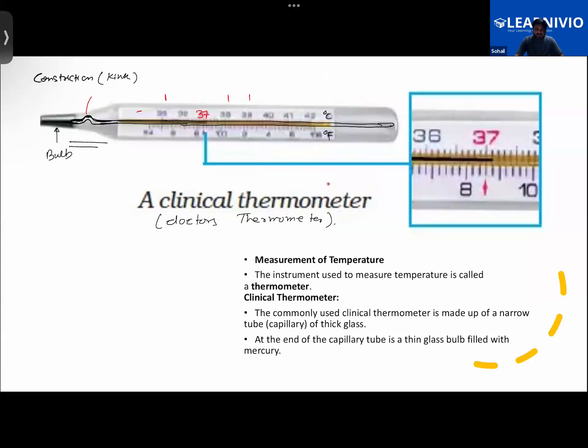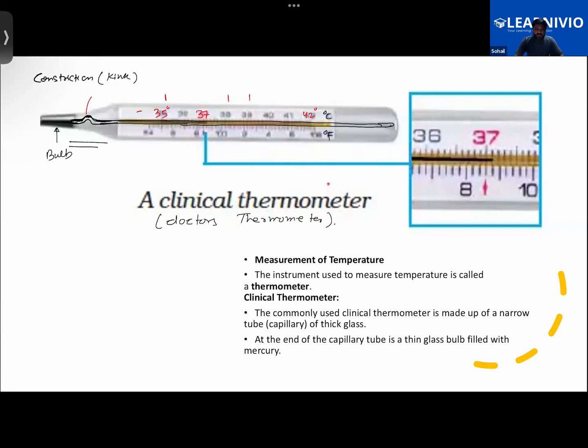You can also see that it has a range of 35 to 42 degrees Celsius, because human body temperature lies in this range.